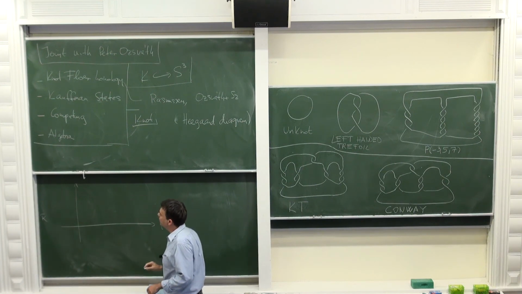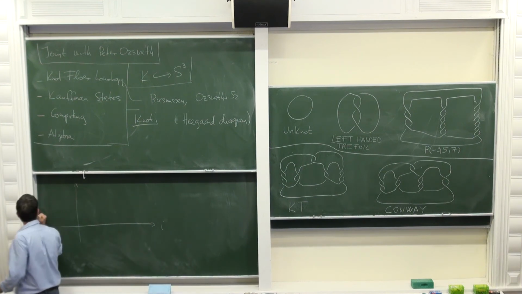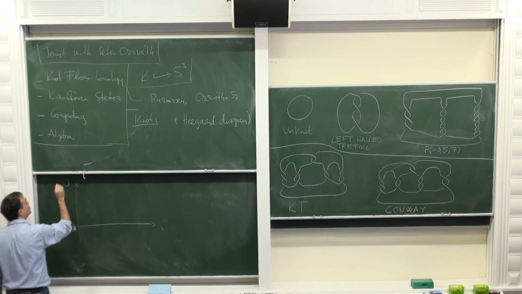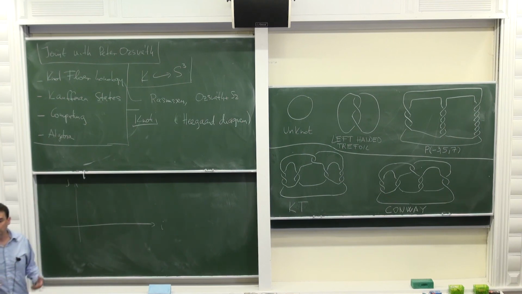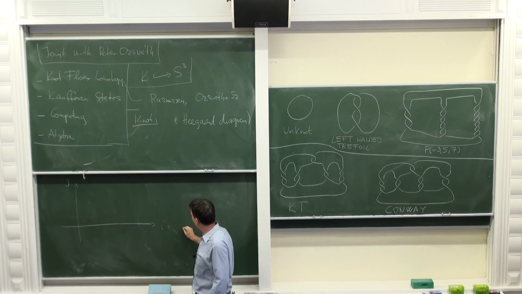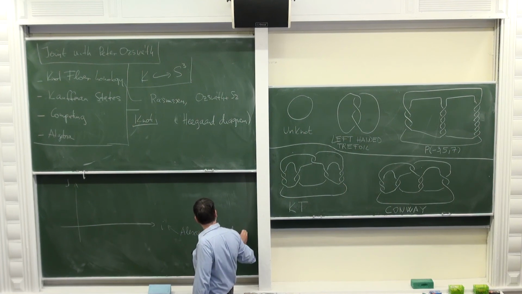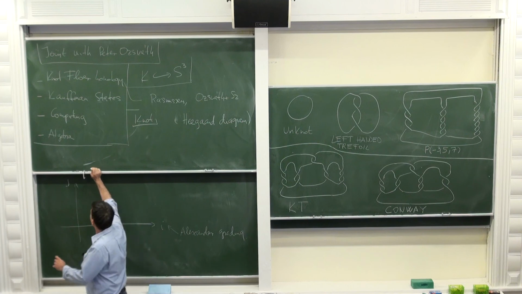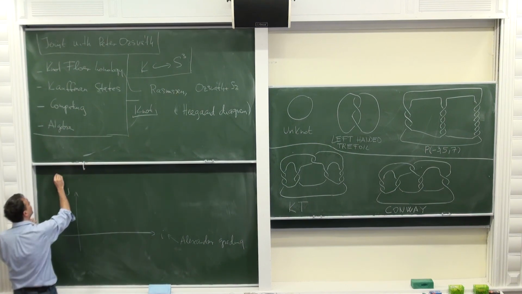So these generators will have two kinds of grading, which we call I and J, but traditionally this is called the Alexander grading. And this other thing is called the Maslov grading.